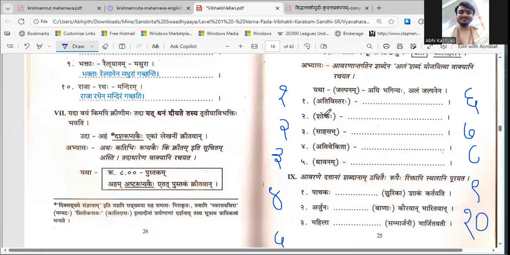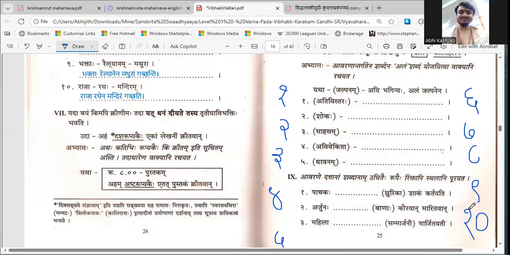So 31 is going to be ekatrimshat. 32 is going to be dvatrimshat. 33 is going to be trayatrimshat. 34 is going to be chatustrimshat. Then 35 panchatrimshat. Like that it goes on.